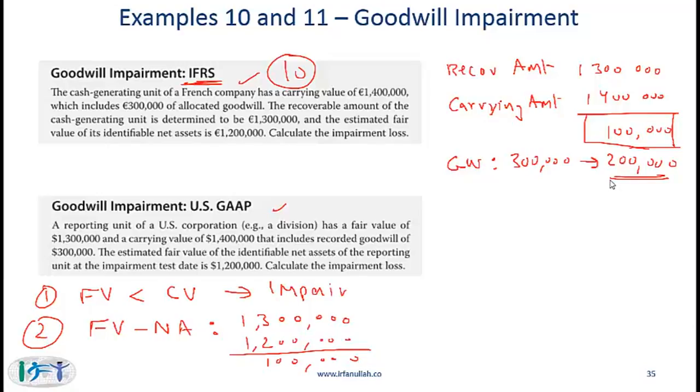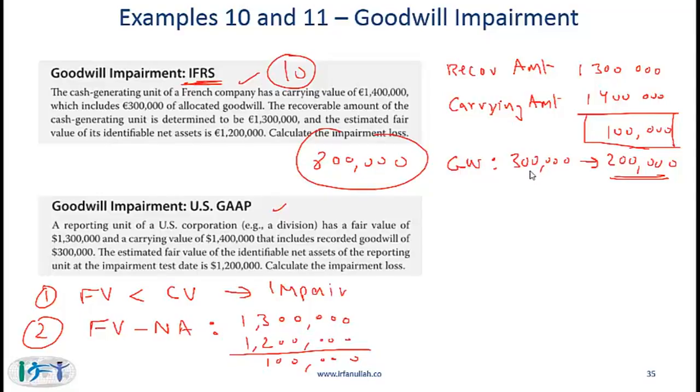While not explicitly asked over here, the solution in the curriculum also points out that if the recoverable amount had been 800,000, then we would first get rid of all this goodwill. So write goodwill down to 0 and recognize that as a loss.